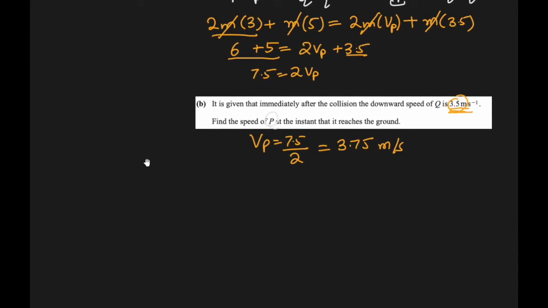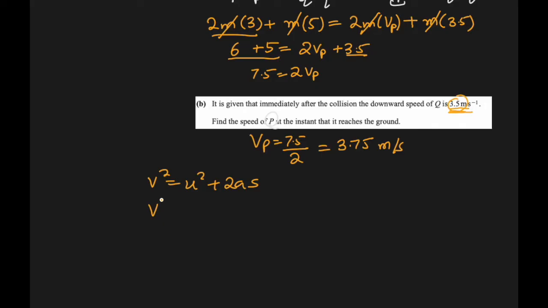So we want to find the speed at which it reaches the ground. So we can use again v square equal to u square plus 2as.